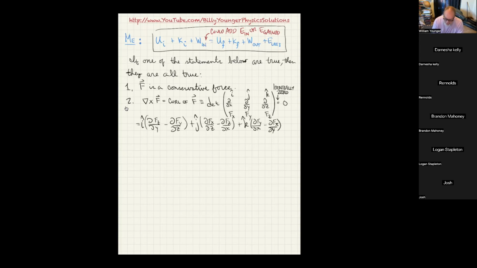That's ultimately what that computation of that determinant is. So just to let you know what it is. So if F is a conservative force, then the curl of the force is identically 0.